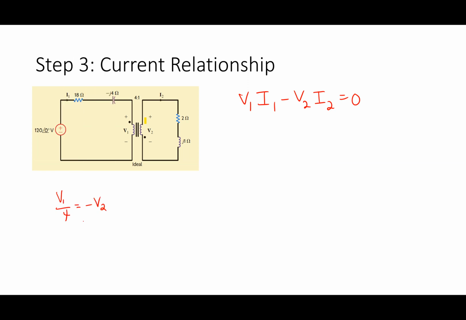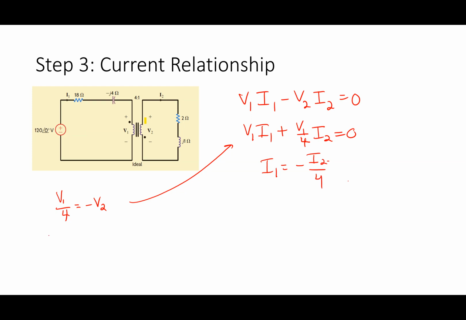So I basically substitute that in for V2. So I plug that in over here: V1 I1 plus V1 over 4 times I2 is equal to 0. So what do I do? I basically factor out the V1 from both sides, and I end up with the fact that I1 equals negative I2 over 4.